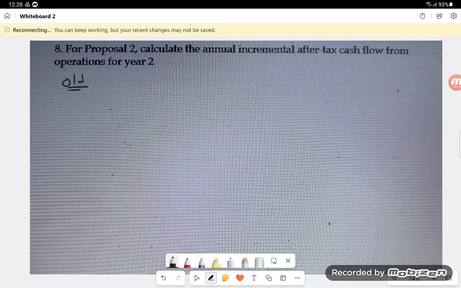From our example, the annual net profit before depreciation and tax for the old asset is 30,000.